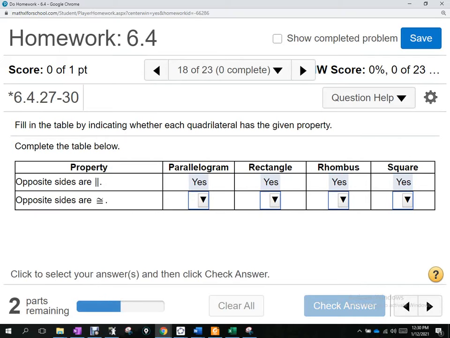Okay. So now the next one says opposite sides are congruent. Is that true for a parallelogram? Is a rectangle a parallelogram? Yep. Is a rhombus a parallelogram? Yep. Is a square a parallelogram?